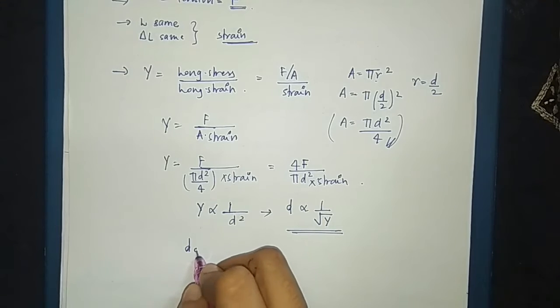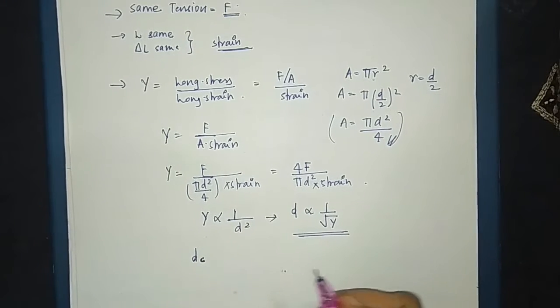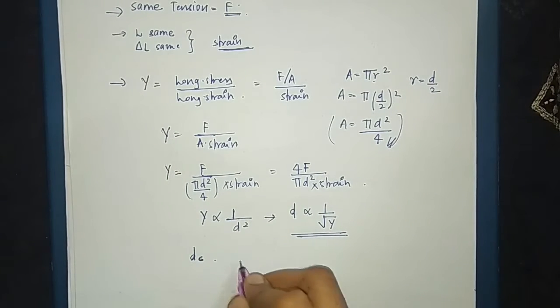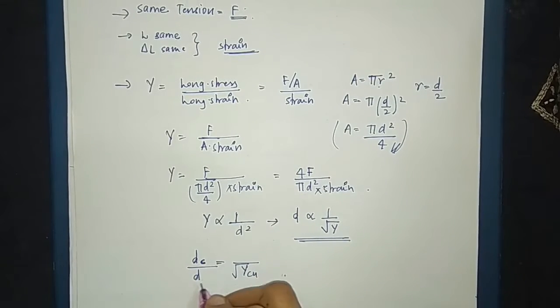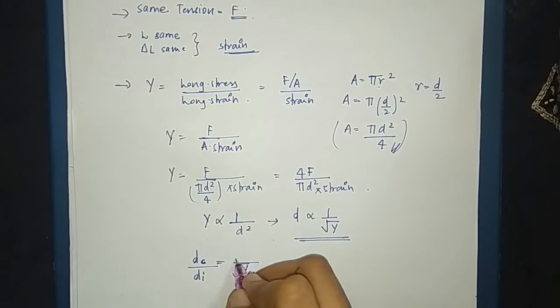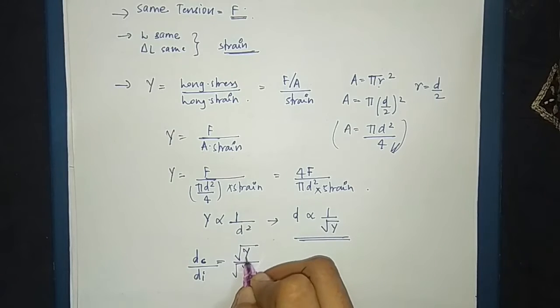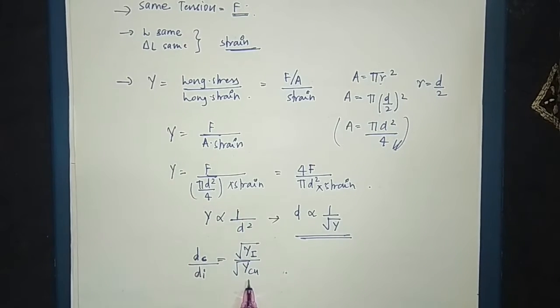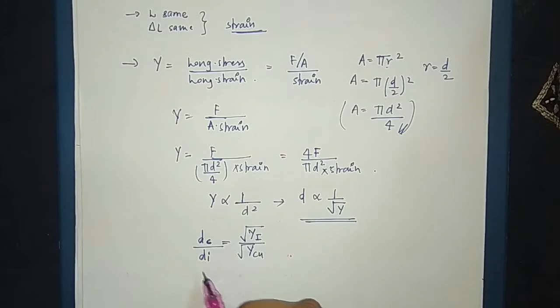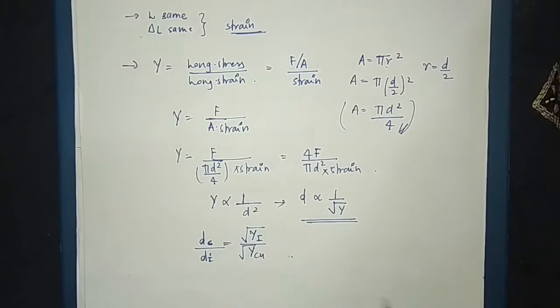Diameter of copper is inversely proportional to root of Young's modulus of copper, and diameter of iron is inversely proportional to root of Young's modulus of iron.